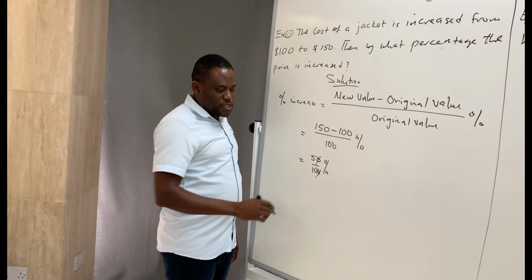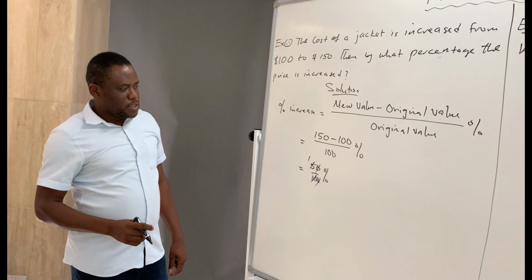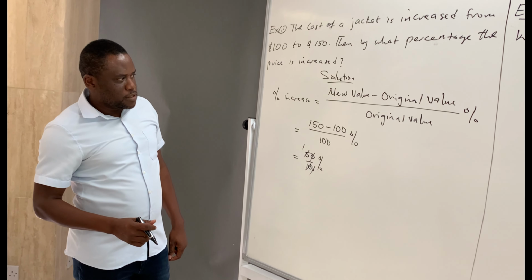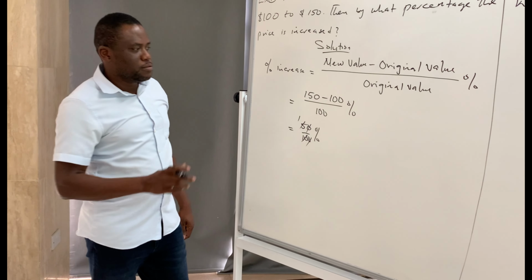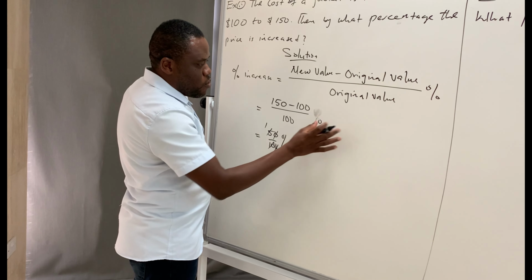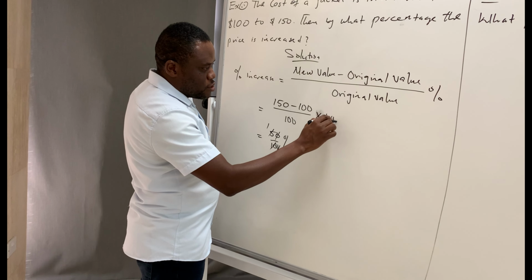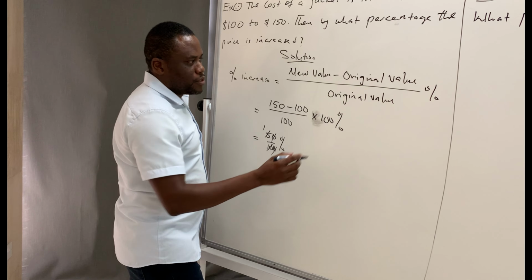So 0 cancels this 0, 5 goes here 1, 5 goes here. I think something's missing. Yes, times 100. Times 100 is missing. But once we put percentage, it means we need to multiply it by 100.